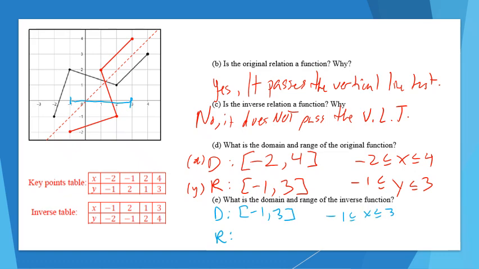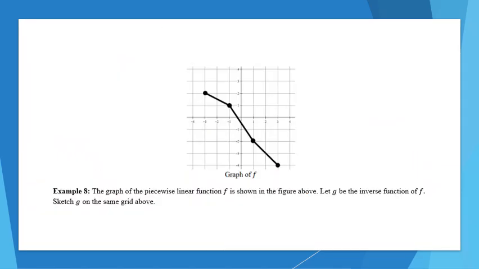And the range spans from -2 all the way to +4. And so notice how the domain moved to the range and the range moved to the domain from the original function to the inverse function, and that was seen when we graphed it there.